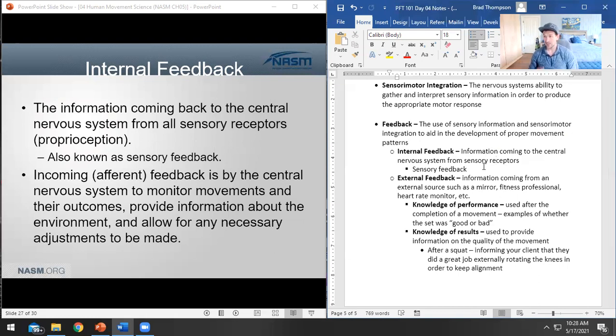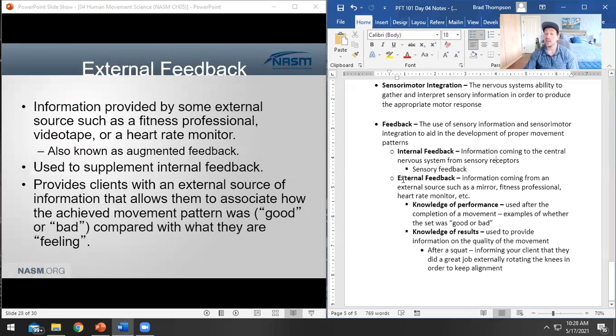When you say something like, hey, how does that feel, you are encouraging them to interpret and sense internal feedback. You're saying, do you see how that rep was different than your first one? Saying stuff like that activates your client's internal feedback. I go, okay, yeah, I do feel the difference. And then there's external feedback, and external feedback is also very good. This is information from an external source. You're an example of external feedback, telling your client, hey, good job, or you've got 4 left.